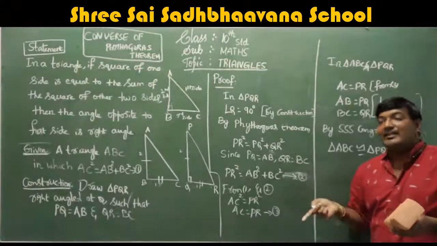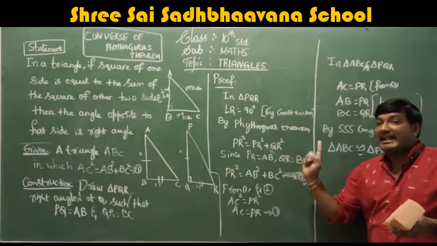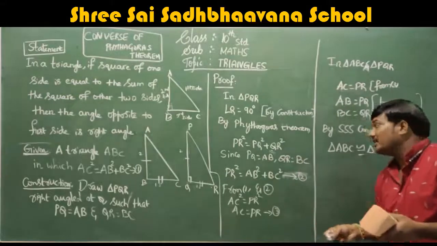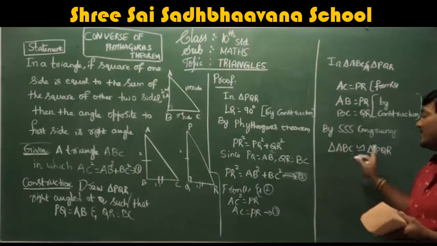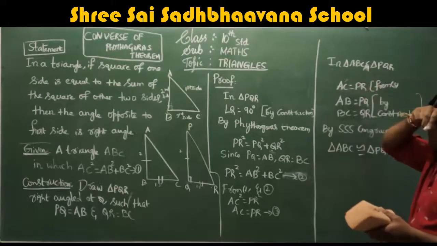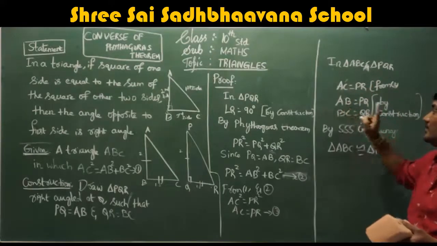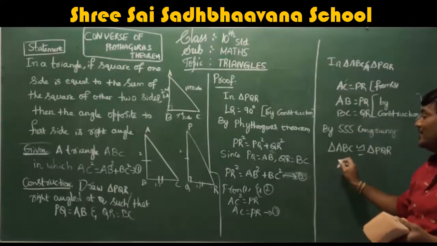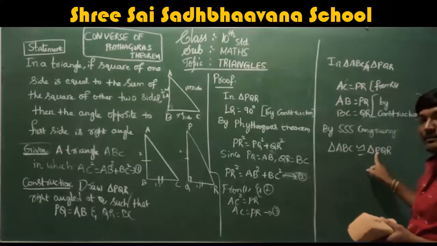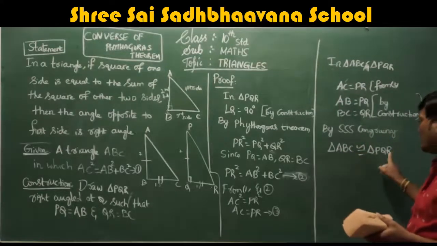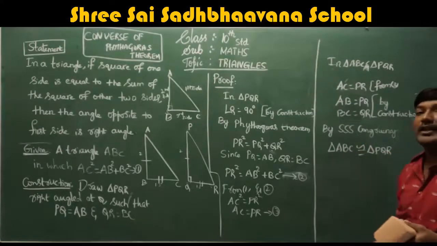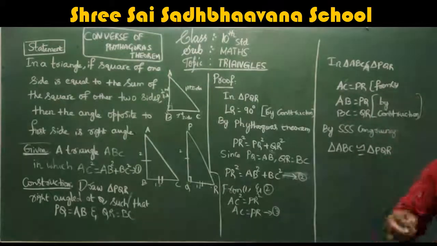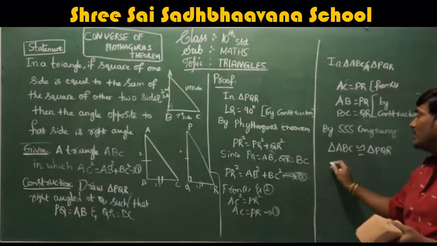Not only the sides, even the corresponding angles of the triangles should be equal. We already proved corresponding sides are equal: AC is equal to PR, AB is equal to PQ, and BC is equal to QR. Similarly, angle A should be equal to angle P, angle B should be equal to angle Q, and angle C should be equal to angle R. Then only we can say that they are congruent. We already proved they are congruent.